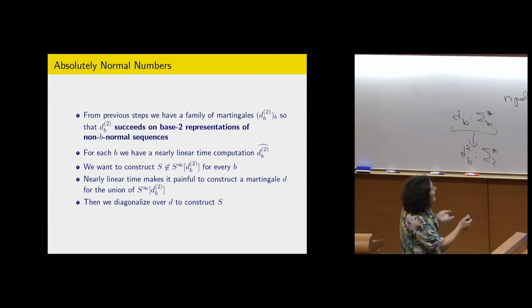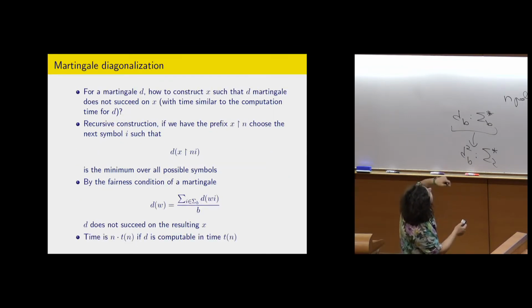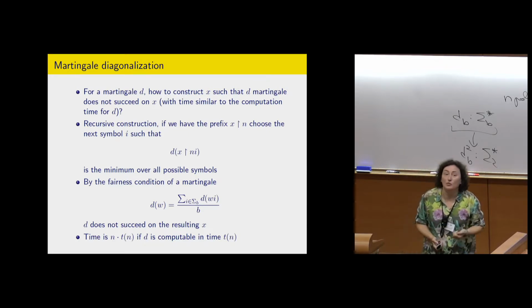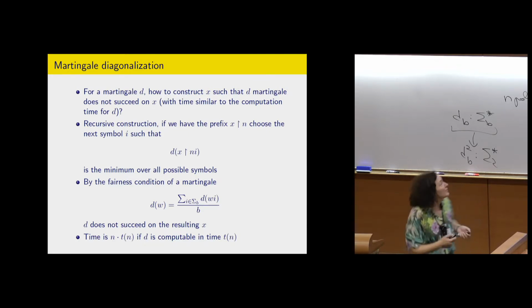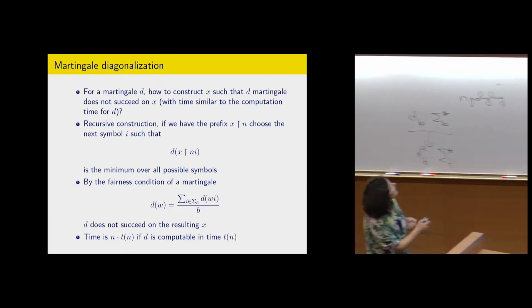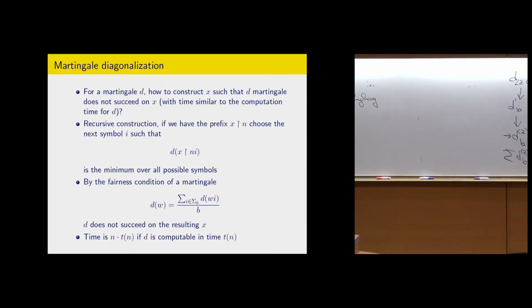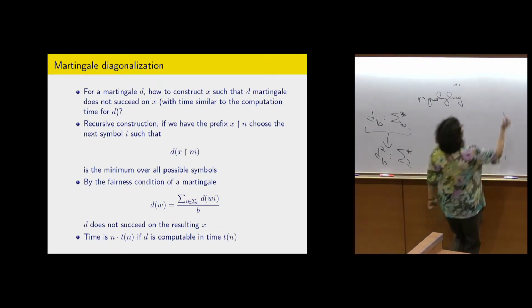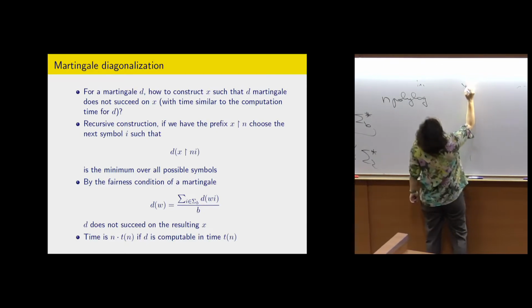And once you have that, you just diagonalize. What does it mean to diagonalize? Probably most people in this room don't need this, but by a recursive construction, I choose the next symbol such that this quantity, d over x of n and this symbol, is the minimum over all possible. Here, you have already chosen xn.